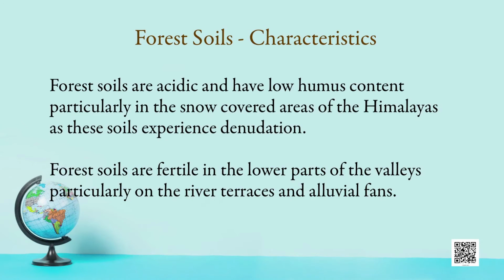They are acidic and have low humus content, particularly in the snow-clad areas of the Himalayas. Do you know why? In these regions, the soil experiences denudation. Forest soils are fertile in the lower parts of the valleys, particularly on the river terraces and alluvial fans.